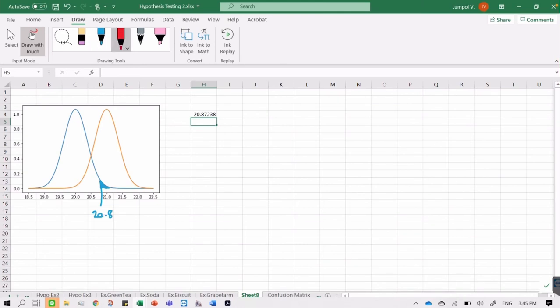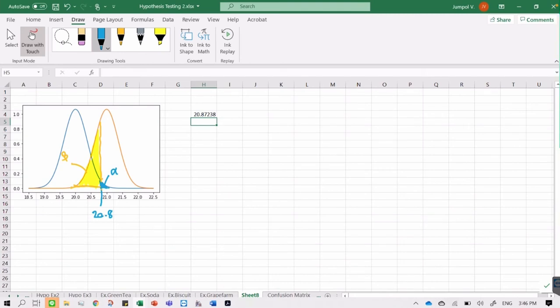So what is the type 2 error? Type 2 error will be from this critical value, draw this line up, and it's going to be this area under the real curve. So this is beta and this is alpha.